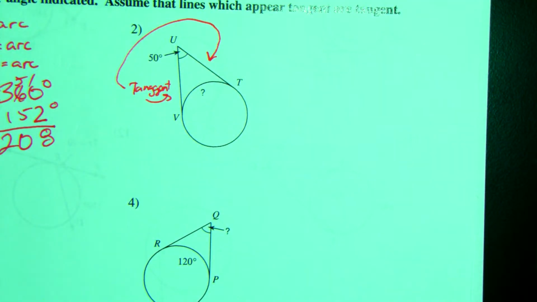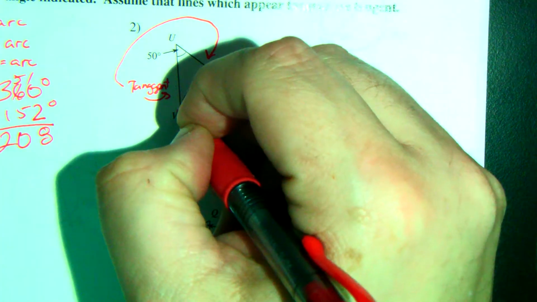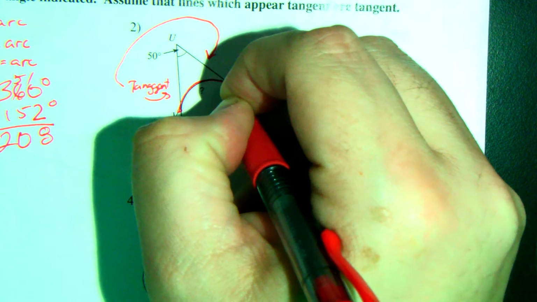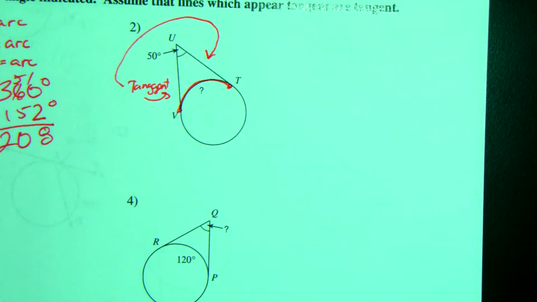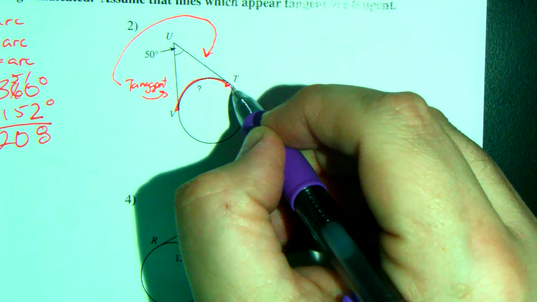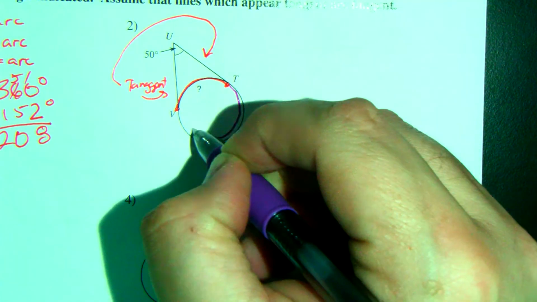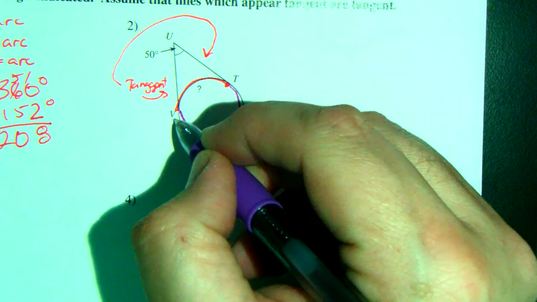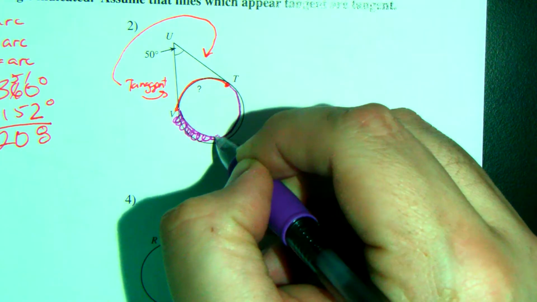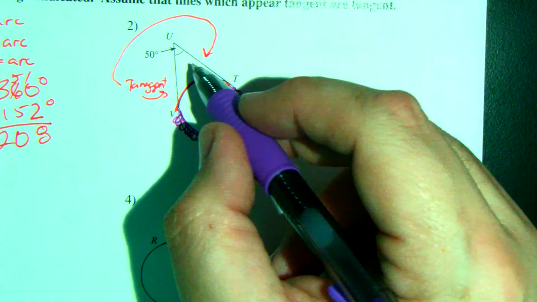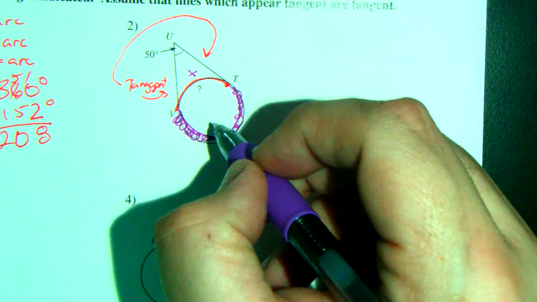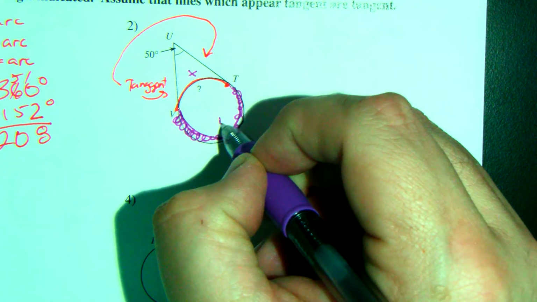But the key is, how many arcs are there? There's 2. There's this one right here, and there's this one over here. That's X, and that's Y. Now, there's a trick to this.